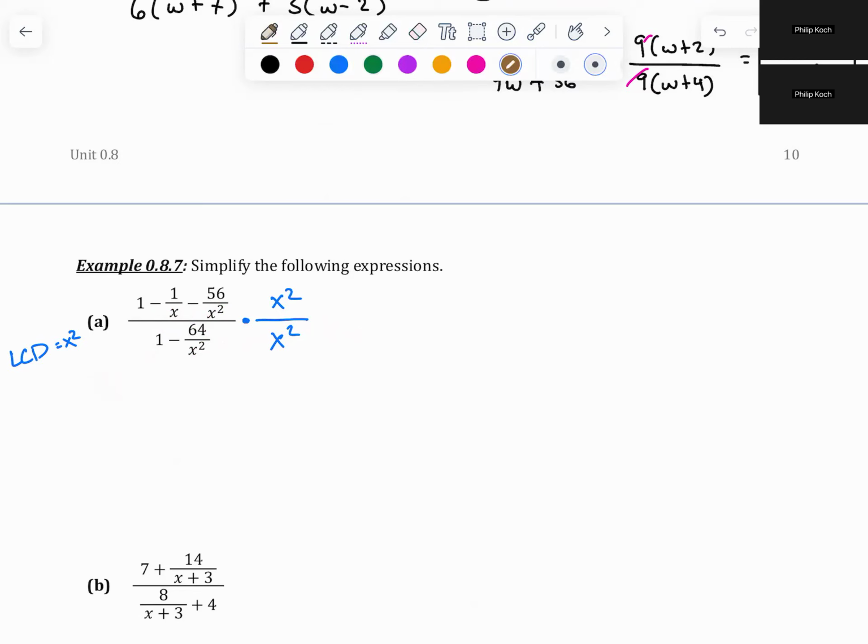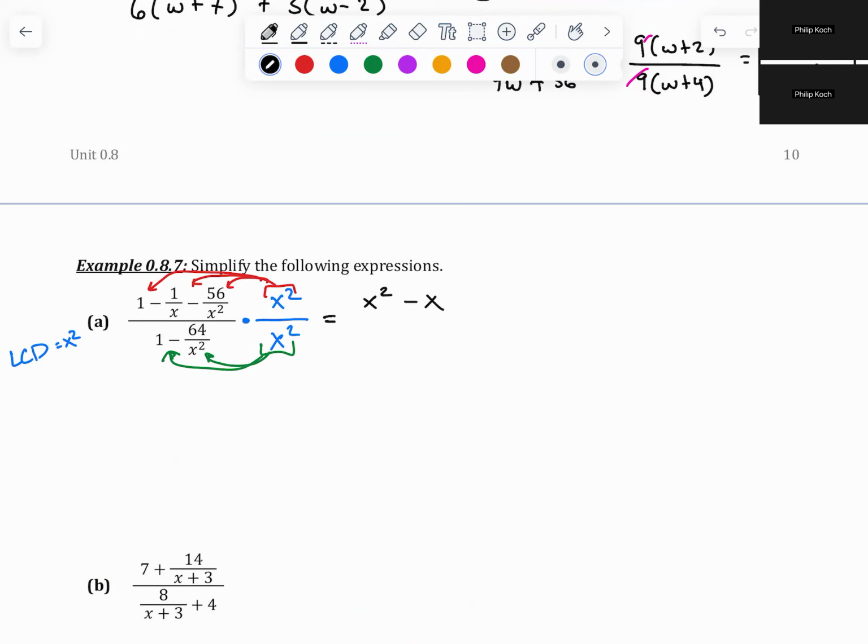So now that we've got this, we're going to distribute it into all three pieces of the big numerator, and also into both pieces of the big denominator. In the big numerator, 1 times x squared is just x squared. The 1 over x times x squared: one of the x's cancels, and this becomes minus x.